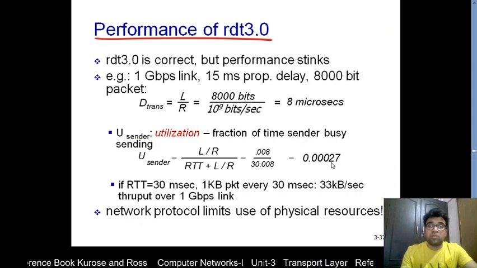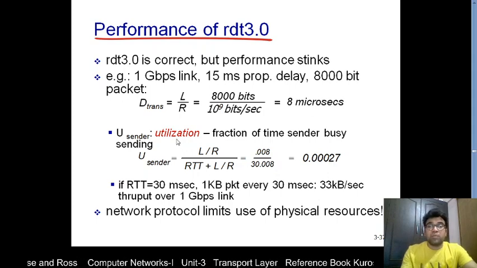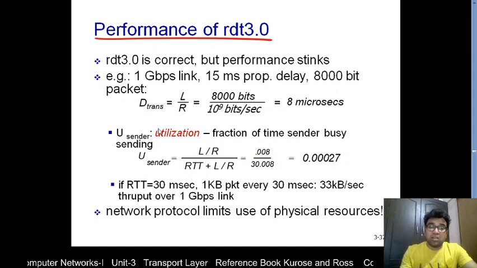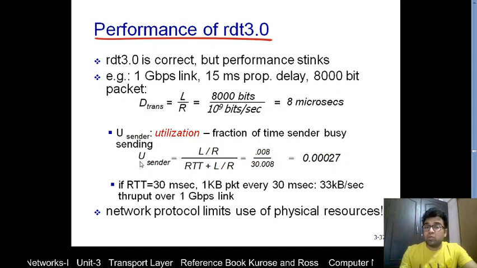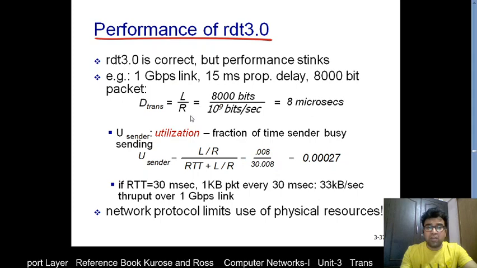The performance of this RDT 3.0 version is calculated with the help of utilization. This utilization of sender is this, as we all are aware about this thing.